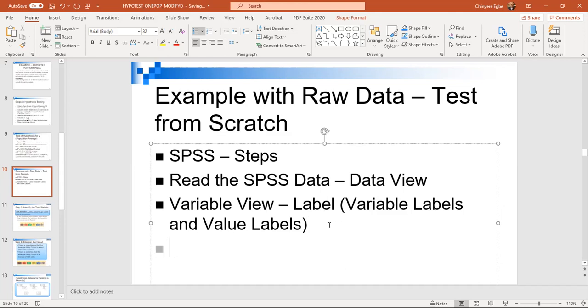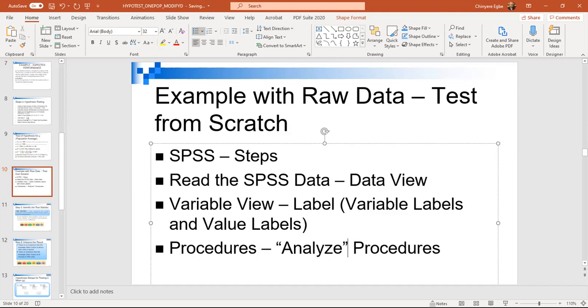Then we're going to look at procedures, which is analyze procedures. The procedures are based on what we call analyze.